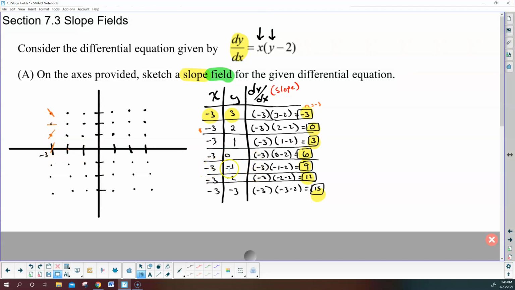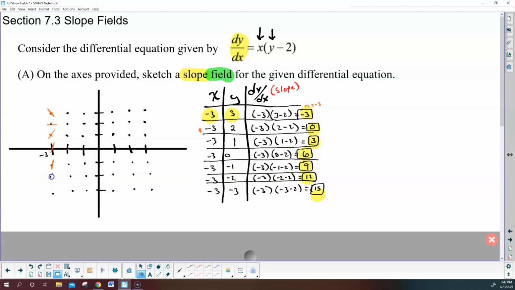So now we get negative 3, 1, and I have a slope of 9. And notice the slopes are getting bigger and bigger and bigger. So if I'm at this point, go over negative 3, down 1, I need a slope of 9. Well, that's really hard to draw. I just want to make it more steep than the one I drew before. And then what would a slope of 12 be at the point over negative 3, down 2?